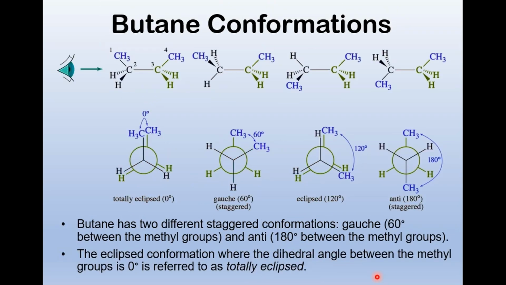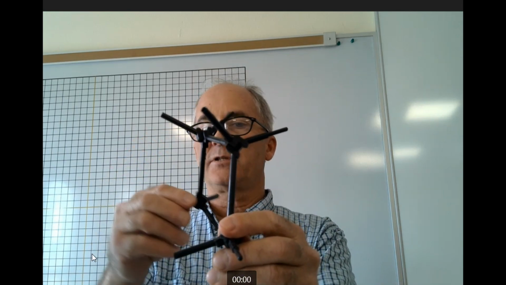Now on to butane. Here's the butane, and if I look down the C2 and C3, of course here's a very eclipsed. Here's a staggered. Here's an interesting staggered. Staggered, and here's a super duper eclipsed. We probably have a better term than that one.